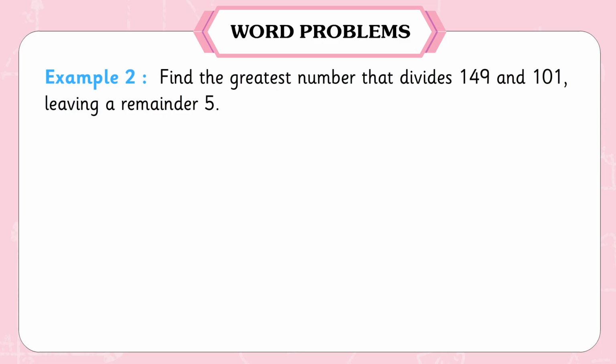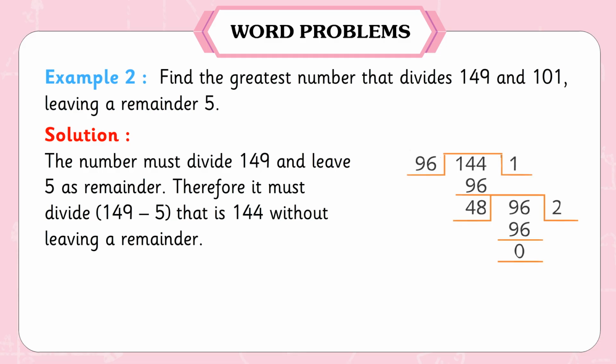Example 2. Find the greatest number that divides 149 and 101, leaving a remainder 5. Solution: The number must divide 149 and leave 5 as remainder.